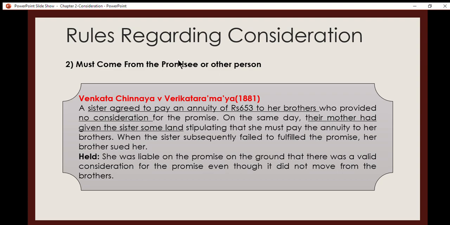So in this case, the consideration did not come from the promisee, who is the brothers, but from another person, who is their mother. So the sister was liable on the promise on the grounds that there was valid consideration for the promise even though it did not move from the brothers. So in this case, the one who provided consideration is their mother and the agreement is valid.